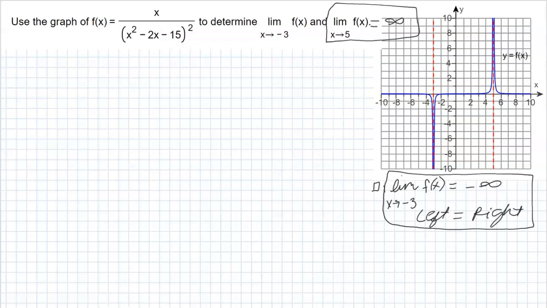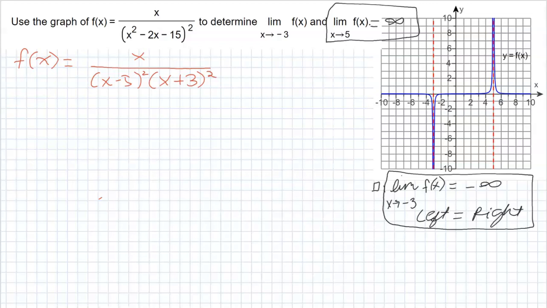Okay, so when we are given a graph like this one, we would say, hey, this function, f of x, can be written as x over, and if we did factor this out, x minus 5 square and then x plus 3 square.